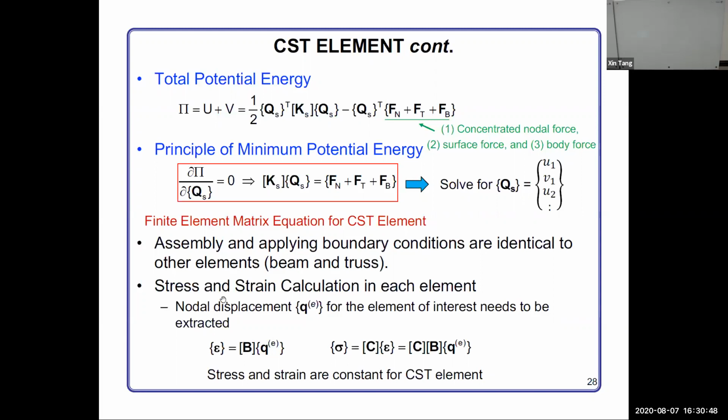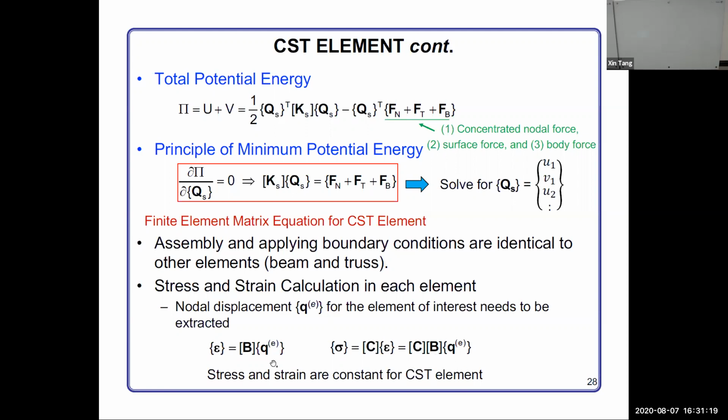The stress and strain in each element can be calculated from the node displacement degree of freedom matrix Q. The strain in each element is epsilon matrix equals B matrix times Q matrix. Sigma matrix equals the elasticity matrix times the epsilon matrix.